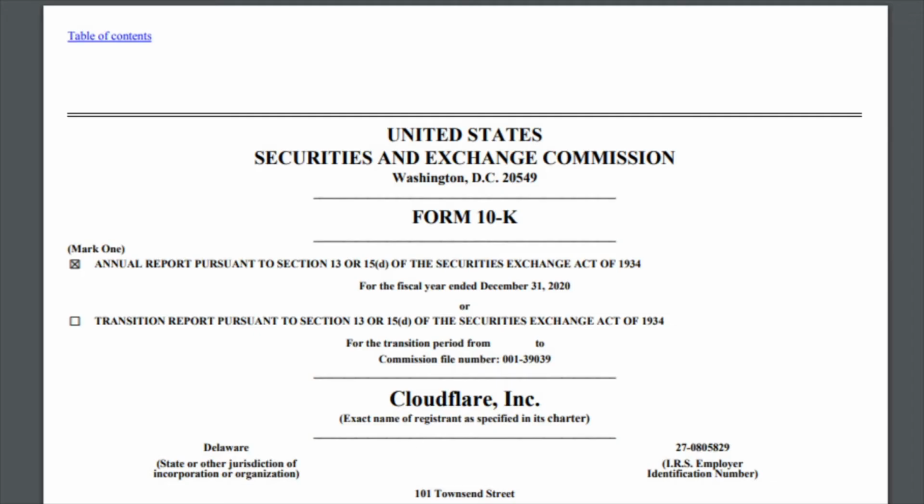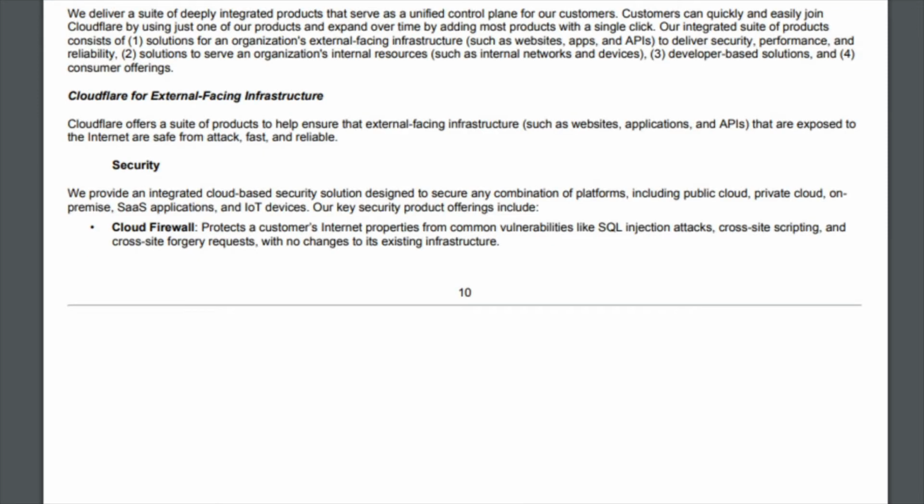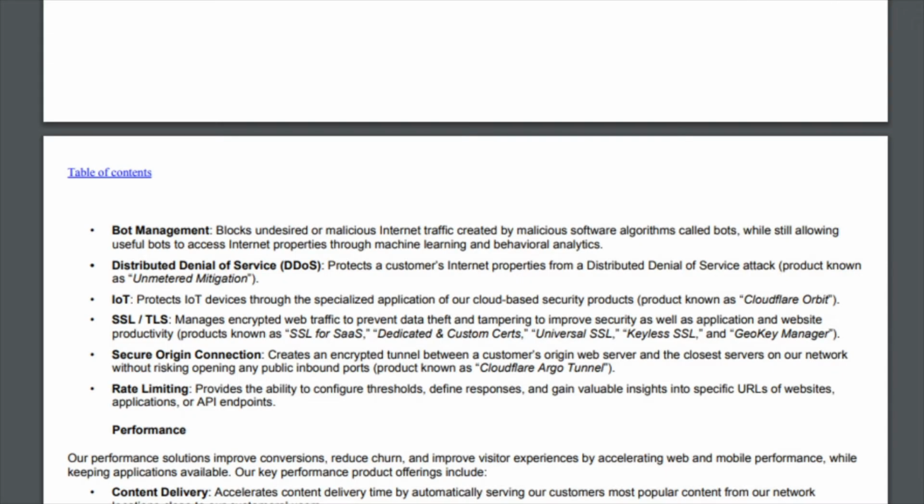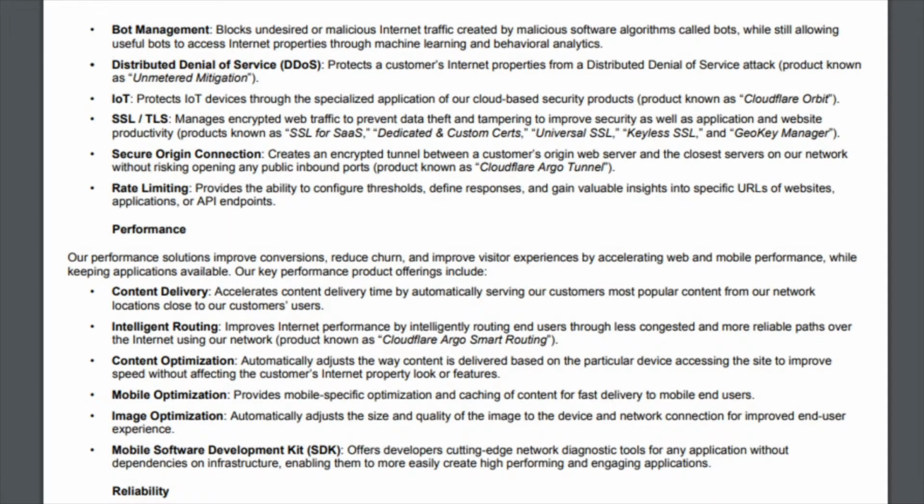Alright, so we have the 10-K form for 2020. Here are some of the things that they offer. Now feel free to pause the video if you do want to read it. You have cloud firewall, bot management, distributed denial of service, Internet of Things, SSL and TLS, secure origin connection, rate limiting.